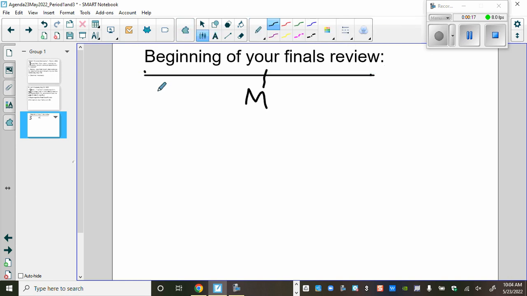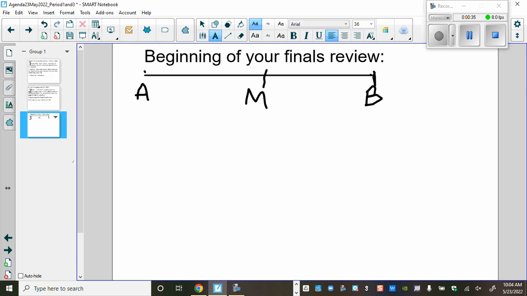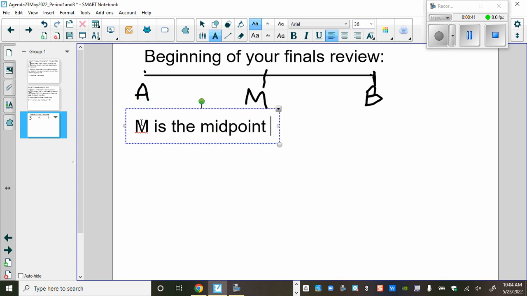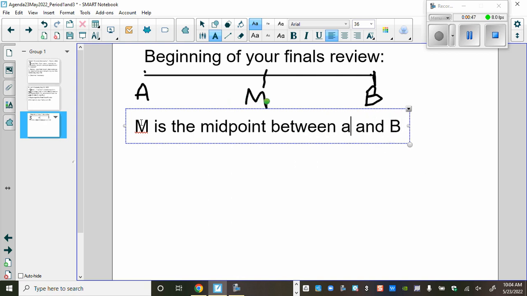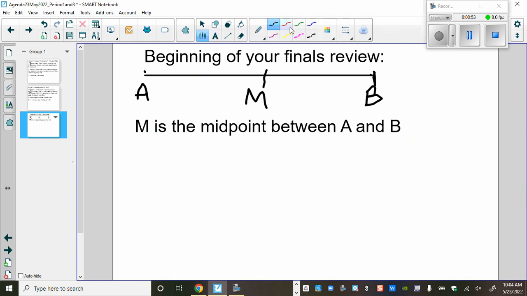So let's say you have A, M, B. Now, M is the midpoint between A and B. What do we know about the distance from A to M and the distance from M to B?